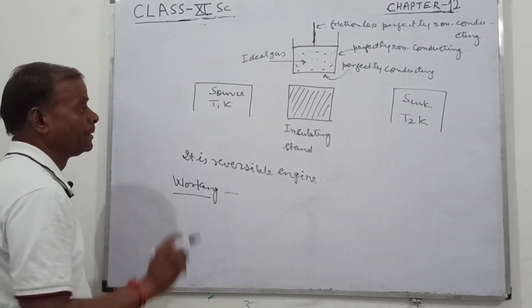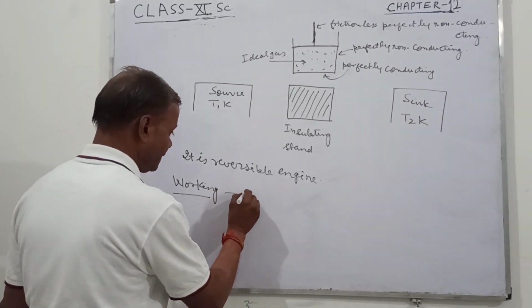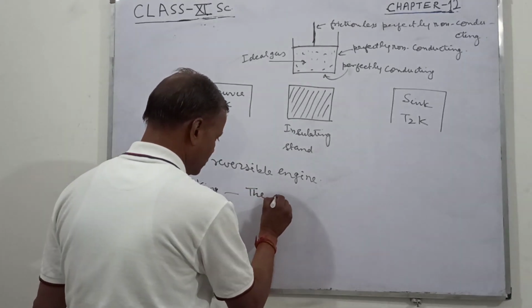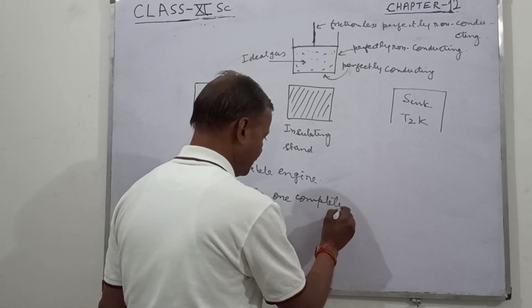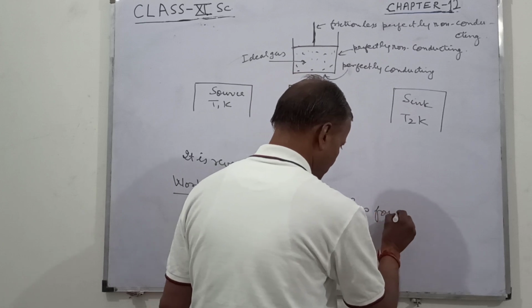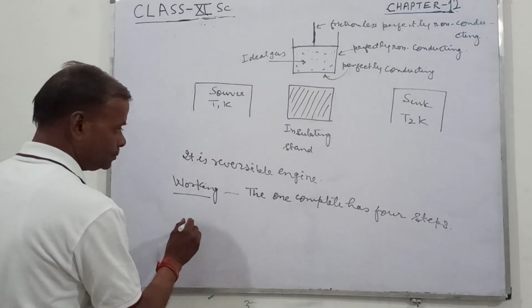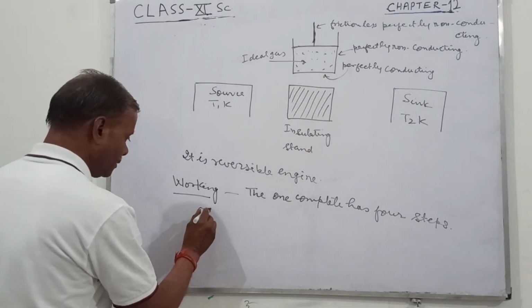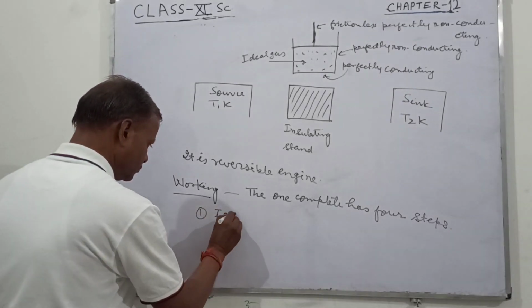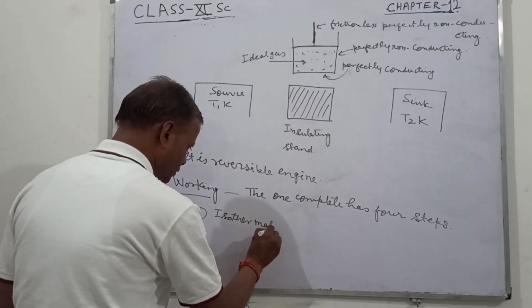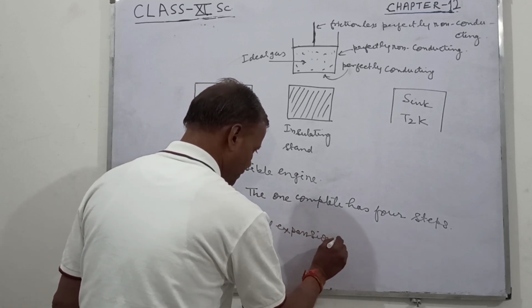The one complete cycle has 4 steps. Number 1, isothermal expansion.